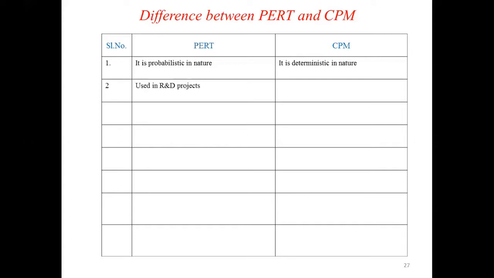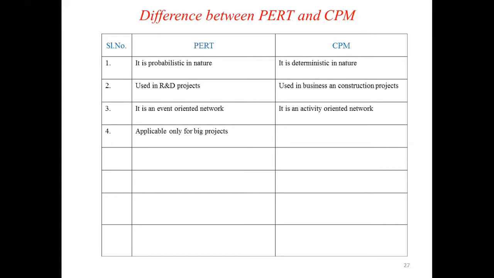Next, PERT is usually used in R&D projects, whereas CPM, the critical path method, is used in business and construction projects. PERT is an event-oriented network, whereas CPM is an activity-oriented network.